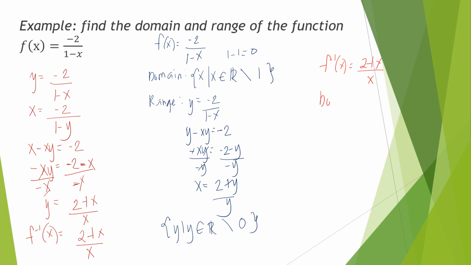So, for the domain, that is set of x such that x is an element of all real numbers except 0. And for the range, our domain of the original, that is set of y such that y is an element of all real numbers except 1.